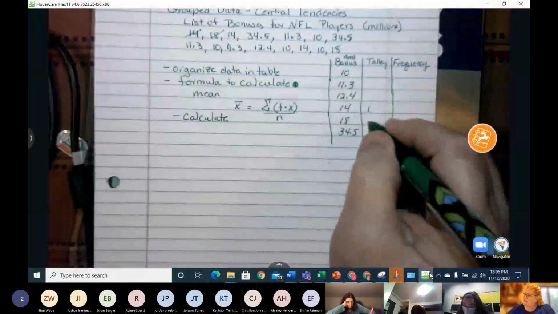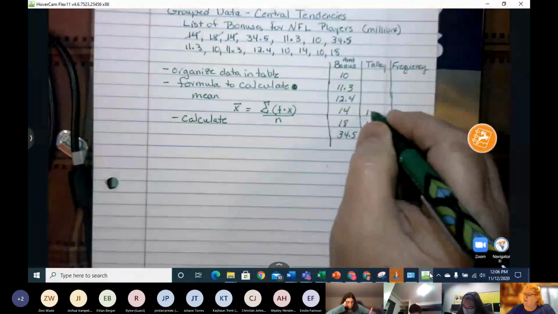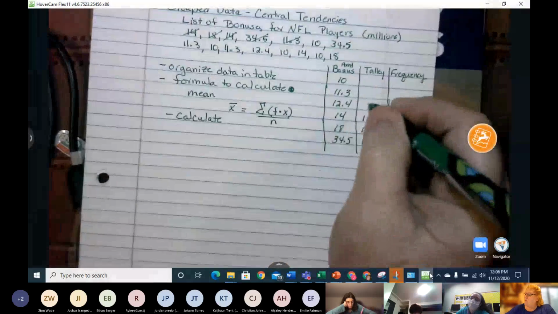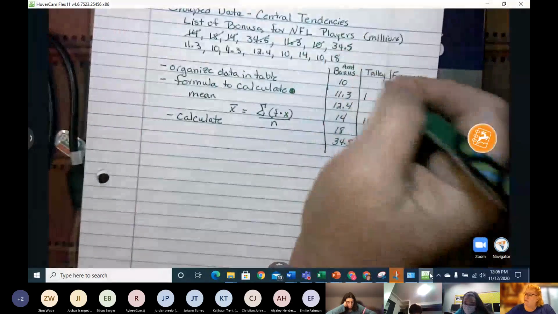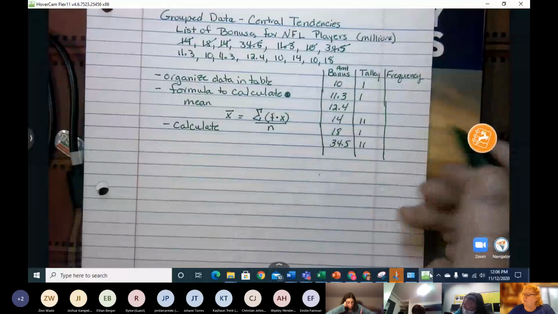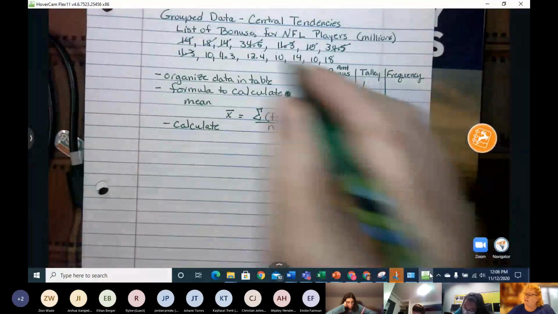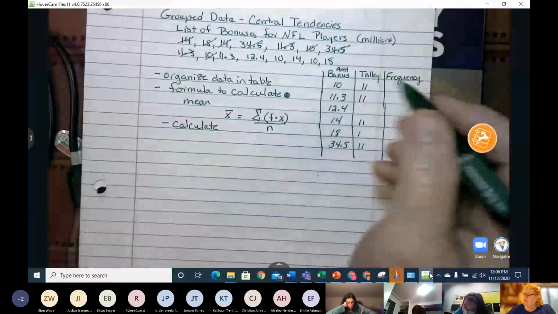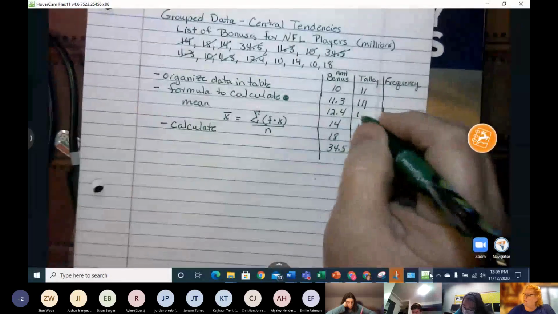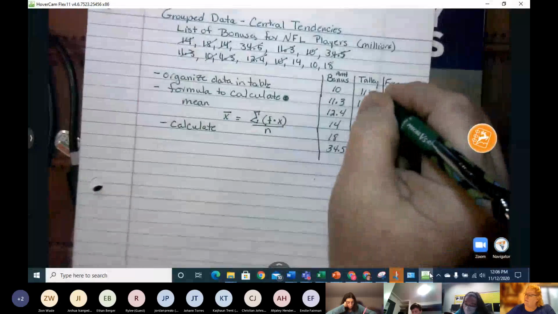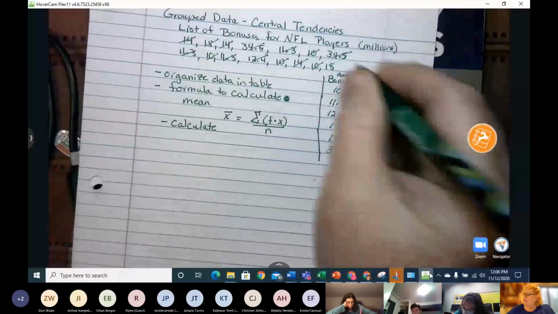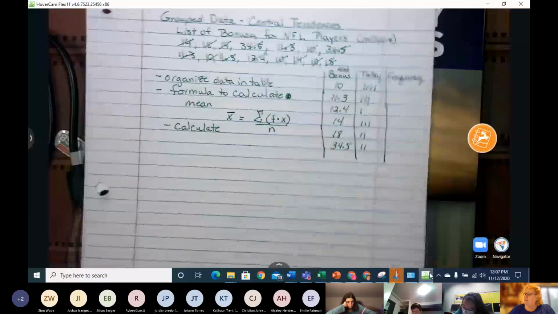Put 18 in and put a tally mark. 14 is going to get another tally mark. 34.5 gets a tally mark. 11.3 and a tally mark. 10 gets a tally mark. 34.5 and a tally mark. 11.3 and a tally mark. 10 and a tally mark. 11.3 and a tally mark. 12.4 and a tally mark. 10 and a tally mark. 14 and a tally mark. 10 and a tally mark. And then 18 and a tally mark.